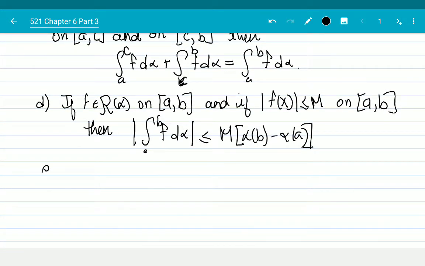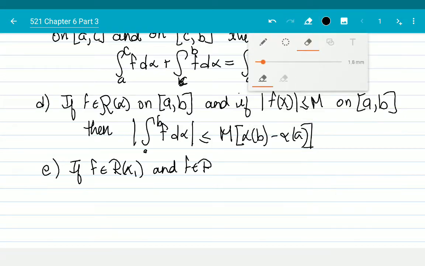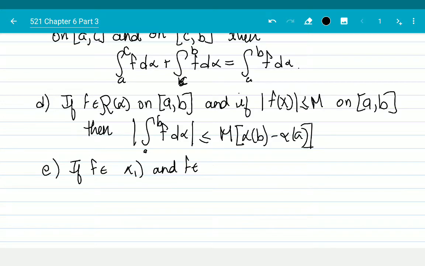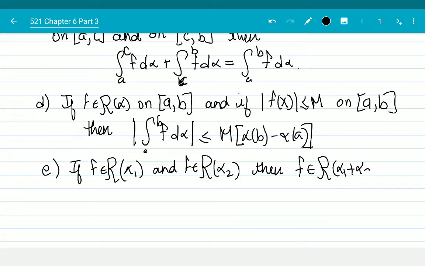and part E finally, if f belongs to R of alpha 1 and R of alpha 2, then this is something nice. f belongs to R of alpha 1 plus alpha 2.